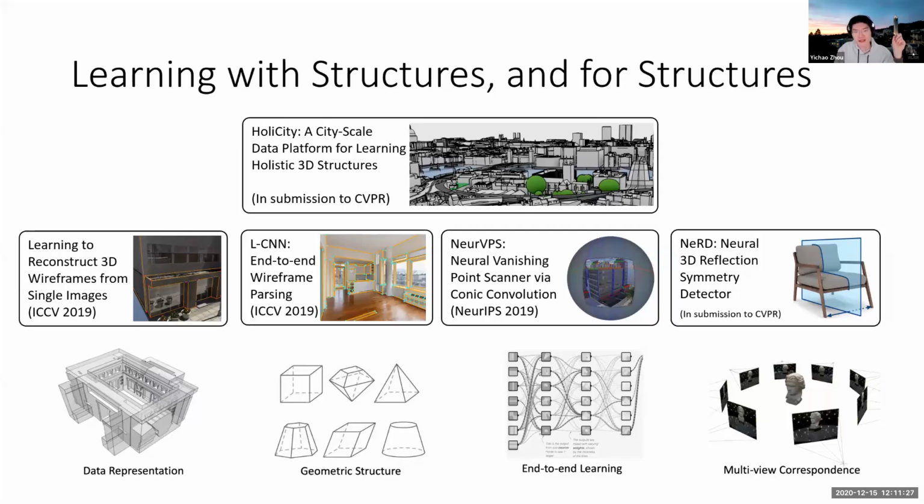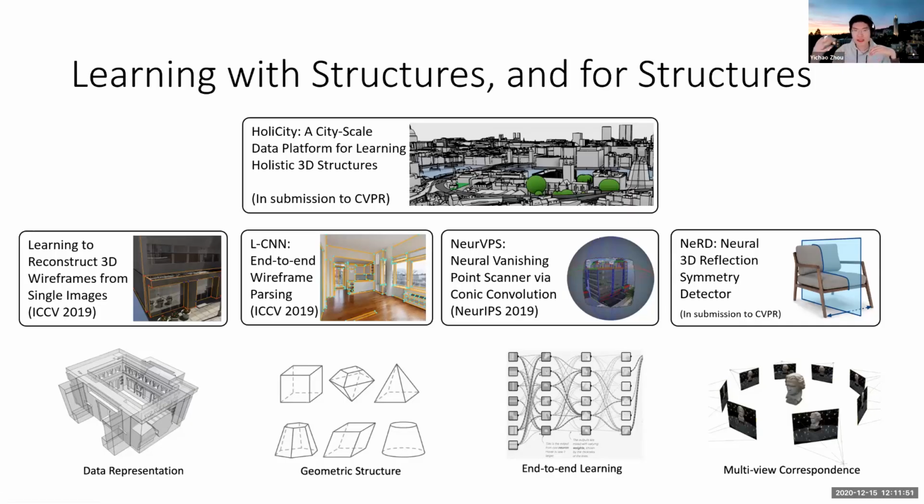On this front, I think this is probably the shortcoming of the wireframe. Normally you have two ways to annotate the wireframe of a dataset. You can do it in 2D or you can do it in 3D. For 2D, basically you just click the points on the images to label the wireframe.